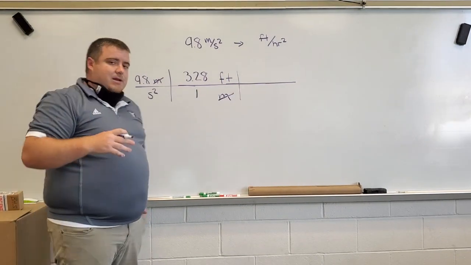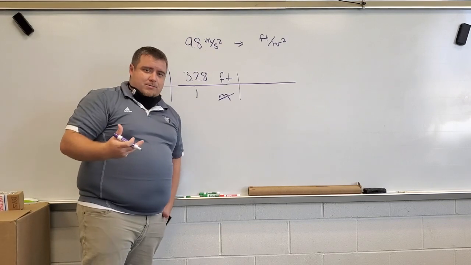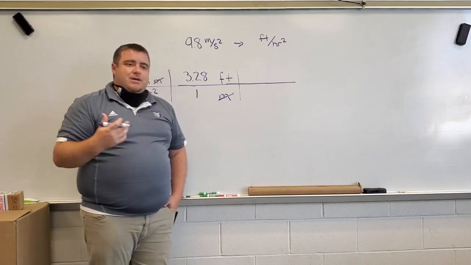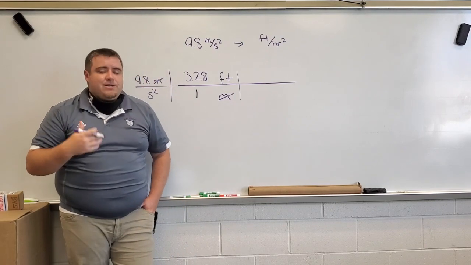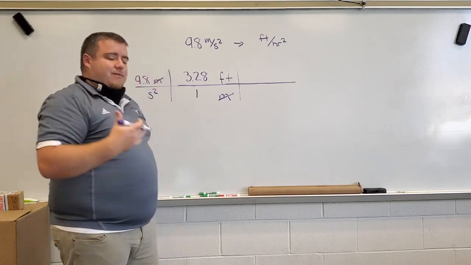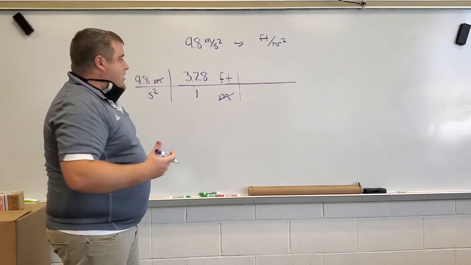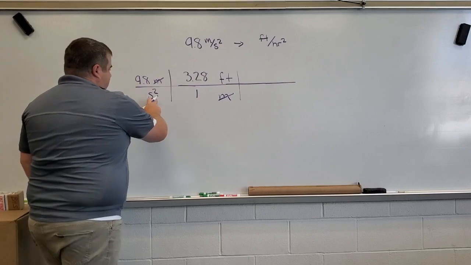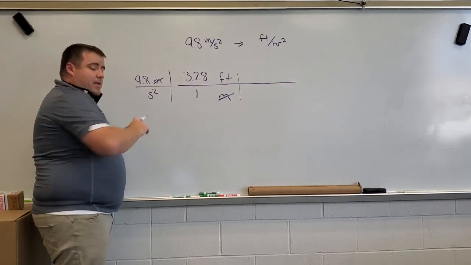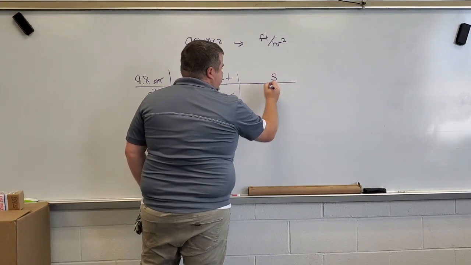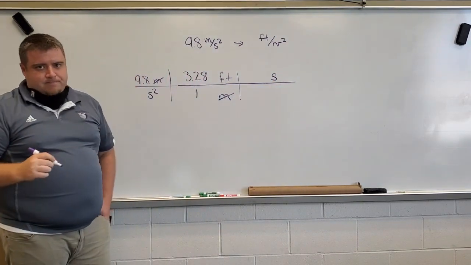I would recommend not trying to do the squared part and instead just putting in an extra conversion factor, because it's going to introduce more opportunity for mistakes if we try to do the squared at the same time. So what does that look like? Over here, I have seconds squared on the bottom. So in my conversion factor, I'm going to have seconds on the top.